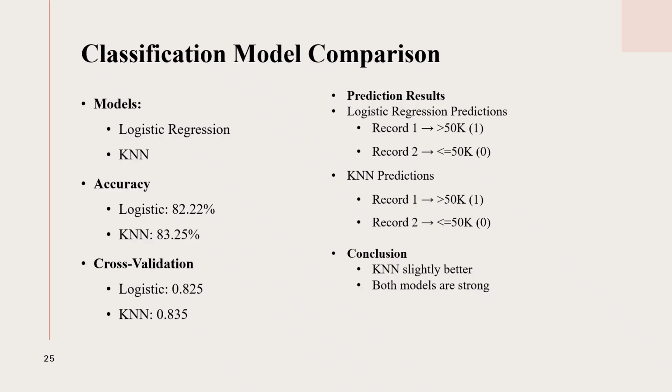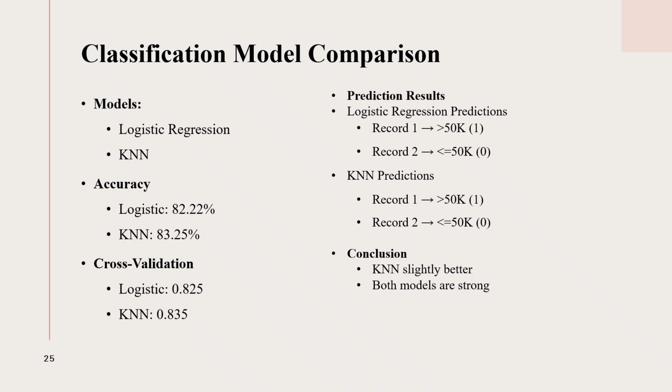Although the difference in accuracy is small, KNN consistently performed better. Looking at the cross-validation results, logistic regression had an average accuracy of 0.825 while KNN achieved 0.835, again showing slightly better performance by KNN. When the predictions were made on two records, both models produced identical results.